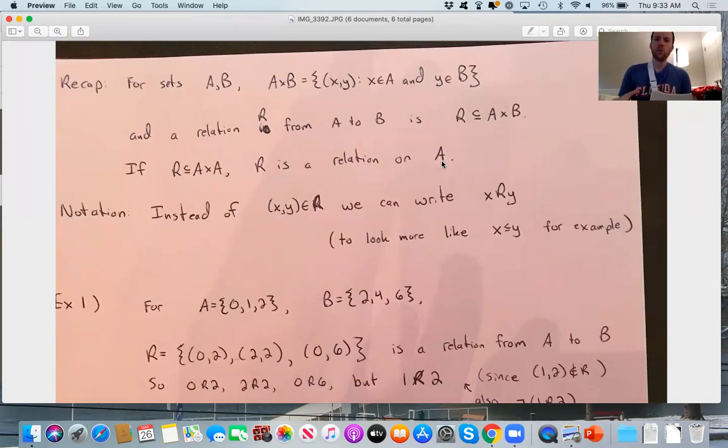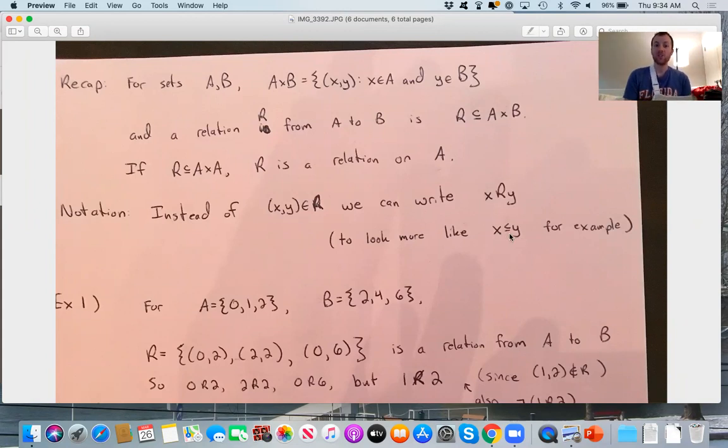Some other notation, which I won't always use, but sometimes I might, and I just want to make us aware of it, is that instead of saying that an ordered pair is in R, so R is a set of ordered pairs, which means ordered pairs can be in it or not in it, sometimes we'll write R in the middle, so we'll say x is R related to y. This notation makes it look more like x less than or equal to y.